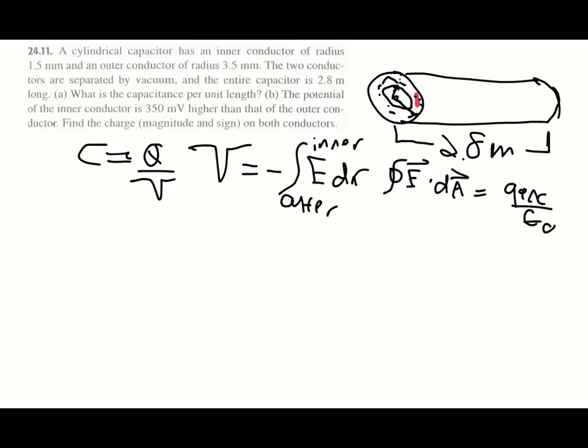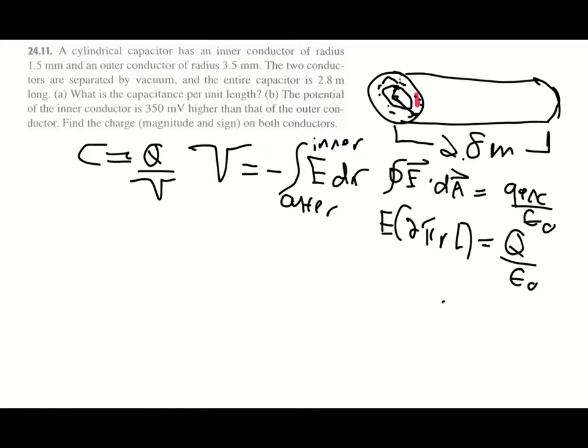So again, we've got a Gaussian cylinder inside there. We're going to have E times the surface area of that cylinder. Remember, it's not going to include the caps. So it's 2 pi r L, equals whatever charge it is, capital Q, over epsilon naught.